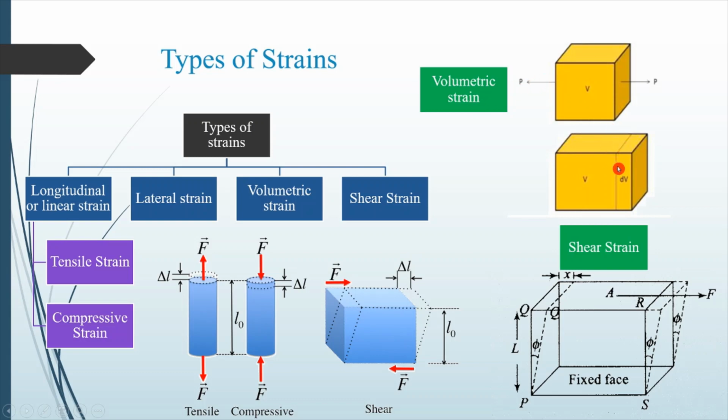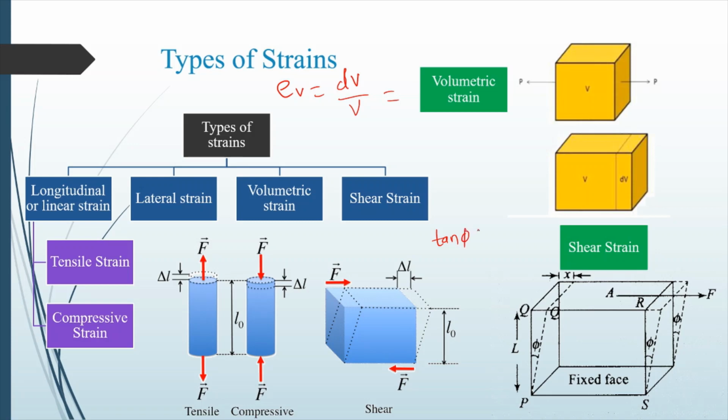Suppose you have applied the force P on this box, and its volume is changed by delta V or dV. Then volumetric strain will be denoted by EV is equal to dV by V.